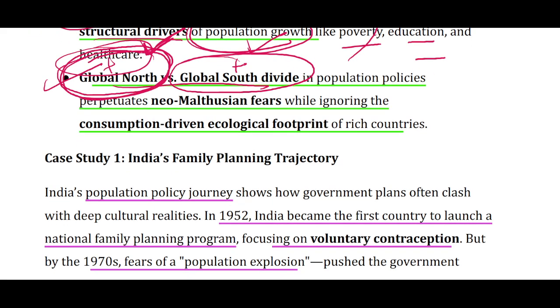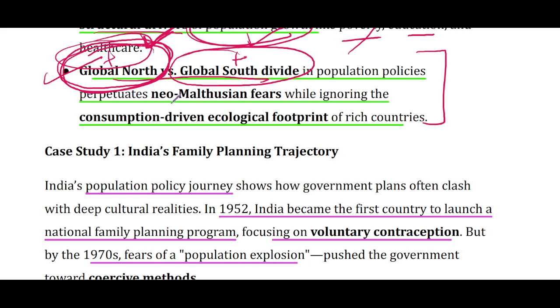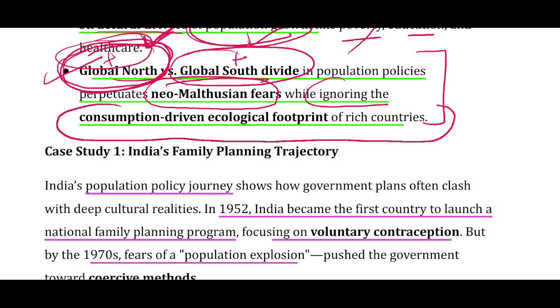So all these divides perpetuate the neo-Malthusian fear that it is the population of global south that would outcompete the resources, while the clear fact is being ignored that it is about resource extraction.